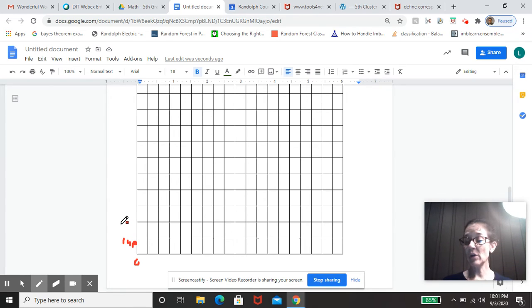And what did you notice when you made your pairs? It went up by 20 every time. I'll try to do this one better. 160, 180, 200, 220.